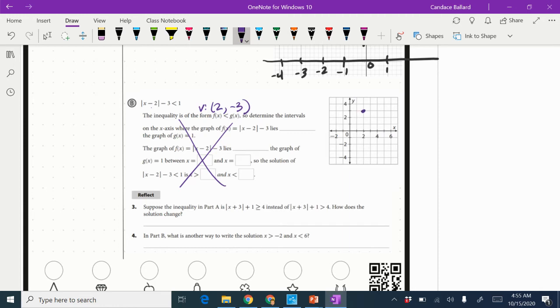Notice how your graph is scaled. It's scaled in ones, but they only marked every 2. And then again, we're going to do a slope of 1, so I'm going to go up 1 over 1. I plotted the wrong direction, didn't I? Let me try that again. We're going to do out 2, down 3, which would be better.